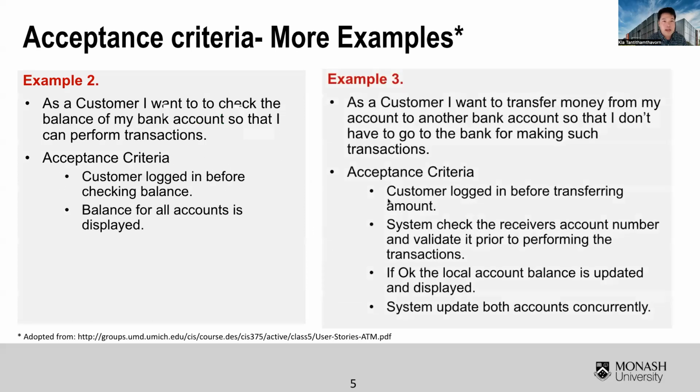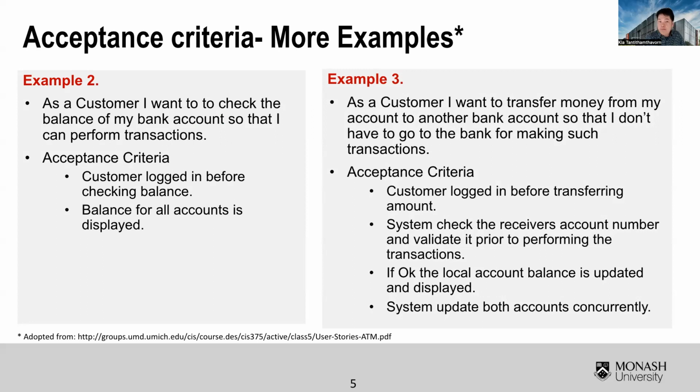All good. A few more examples of acceptance criteria. Let's think about this user story: as a customer, I want to check the balance of my account so that I can perform transactions. What are the acceptance criteria? First, as a customer, I should be able to log into the system. Then the system should present the details of my bank accounts.